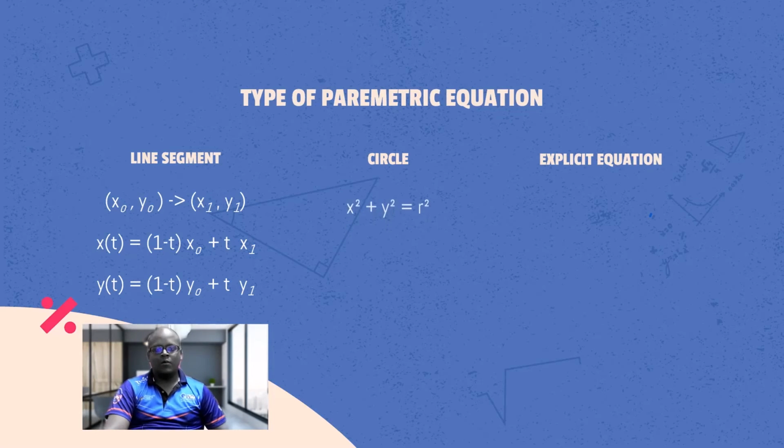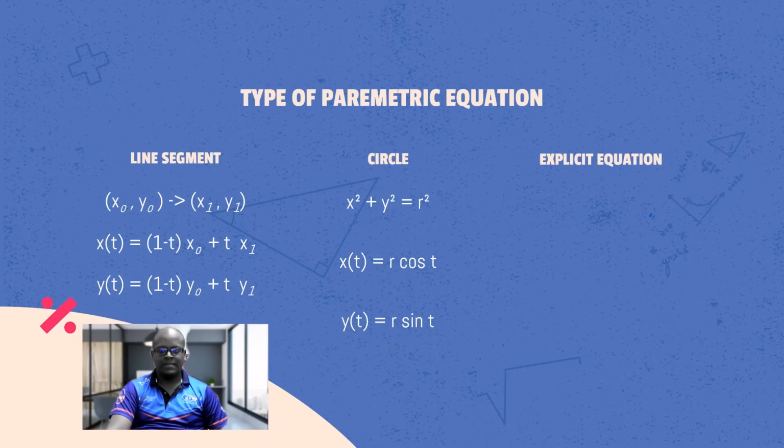For a circle x squared plus y squared equal to r squared, x(t) equal to r cos theta and y(t) equal to r sin theta will be used. For an explicit equation, for example y equal to f(x), x(t) equal to t and y(t) is equal to f(t), which we get from y equal to f(x).